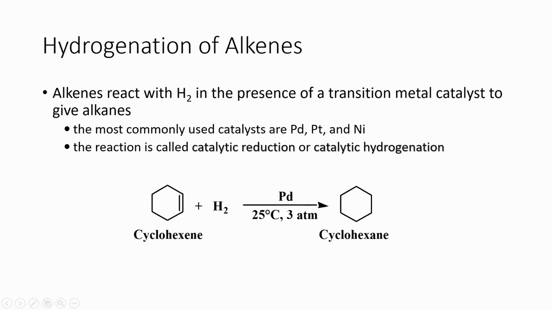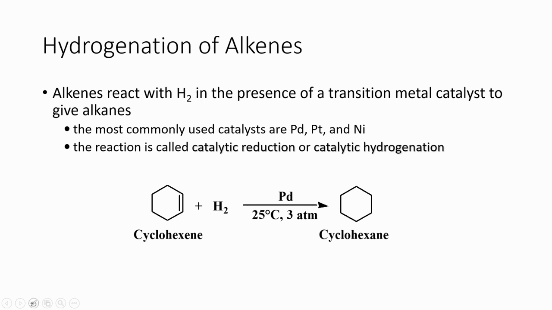So next we're going to look at hydrogenation of alkenes. Alkenes react with hydrogen in the presence of a metal catalyst, platinum, palladium, nickel catalyst, and that catalyst really activates that hydrogen bond. It really weakens the bond between the two hydrogen atoms, and that hydrogen really adheres to that metal catalyst. And so, since the hydrogen is stuck on that metal catalyst, that solid metal surface, it ends up adding on the same side.